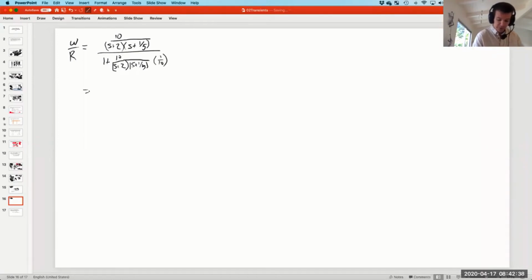Okay, so multiply everything by this second order polynomial, and we get 10 over (s plus 2)(s plus a fifth) plus 1. That works out nicely. Okay, so you FOIL that out, and you will get 10 over s squared plus 2.2s plus 1.4.